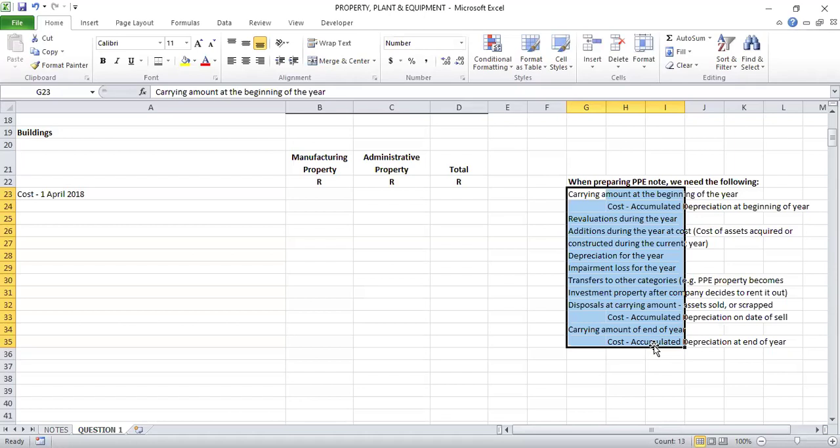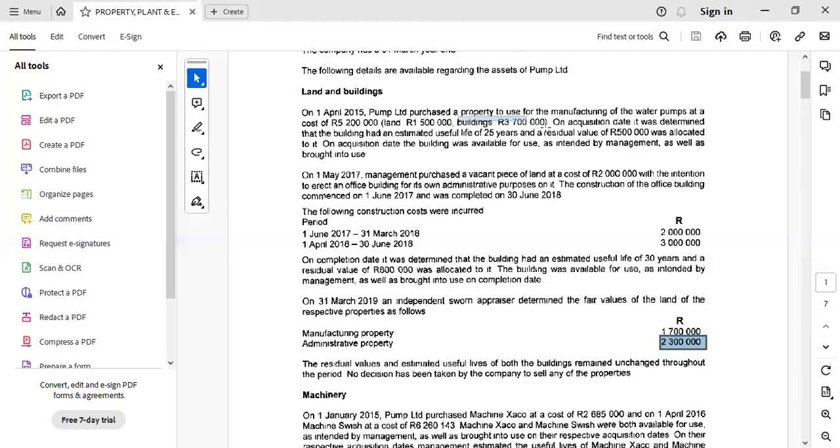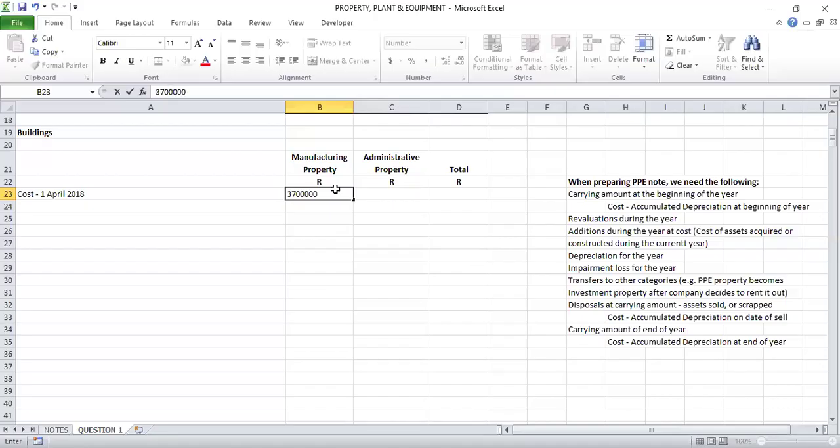Right. So our cost on 1 April for the manufacturing property, we were told that it had been acquired for 3.7. So it was 3,700. The admin property. Right. Here I want you to be with me, my friends.